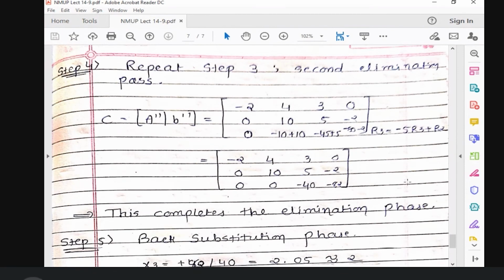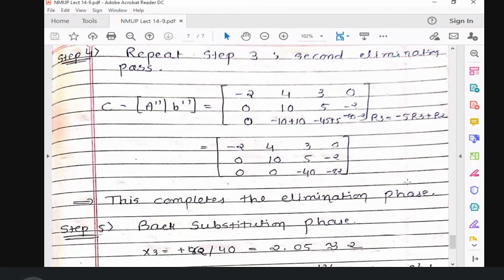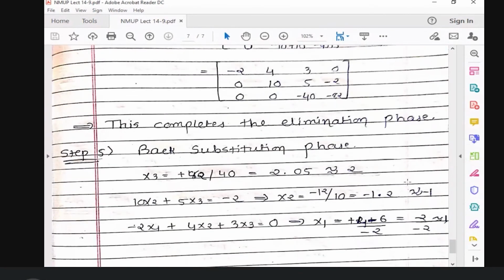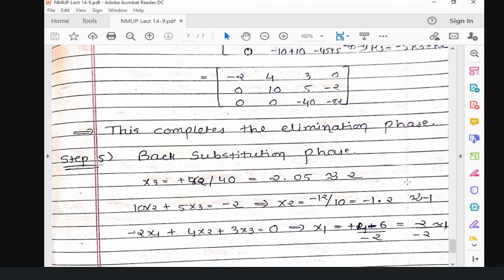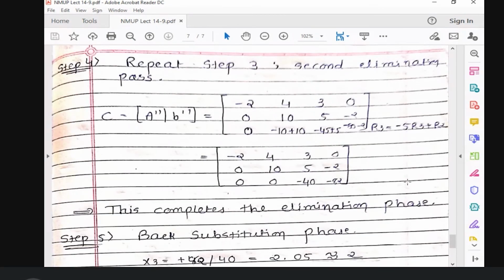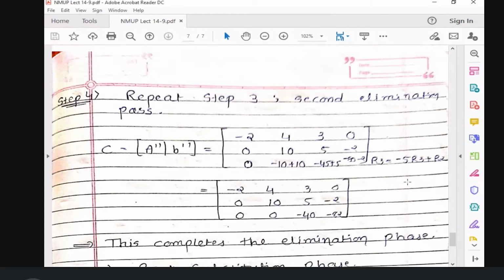Now after doing this, same as the Gauss elimination method, we have to follow the back substitution phase. And by doing that, we got these values of x3, x2 and x1, right? So in our normal Gauss elimination method, we are directly doing the row manipulation by applying the mathematical operations.